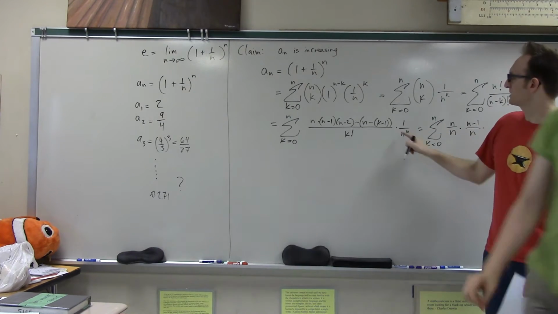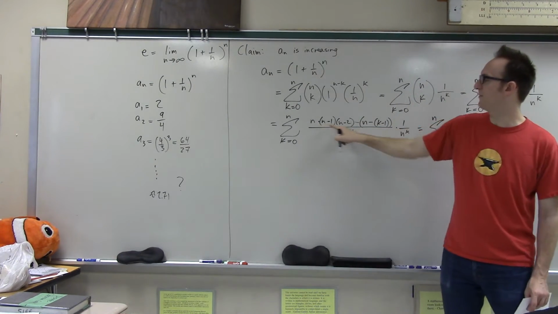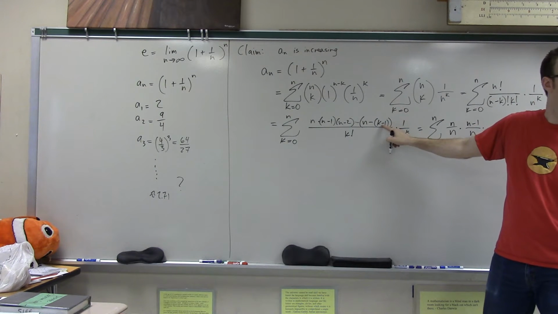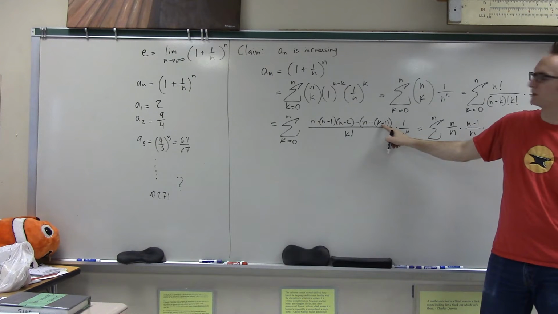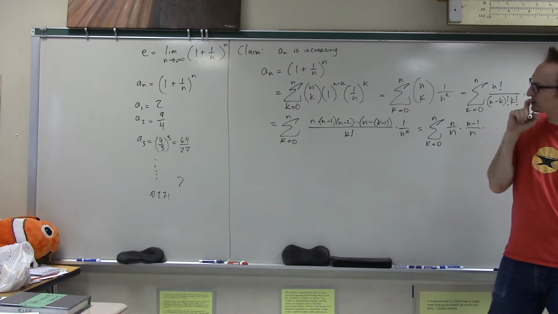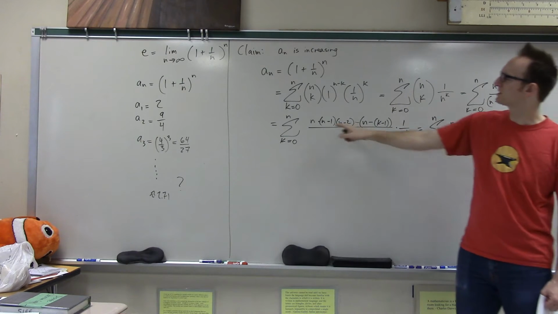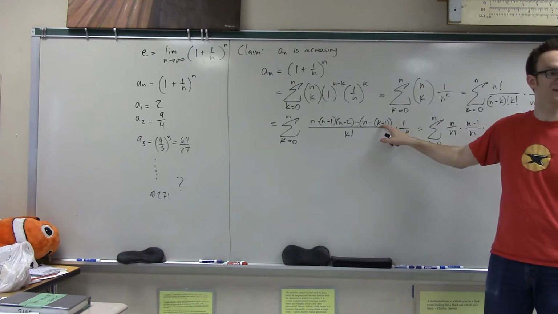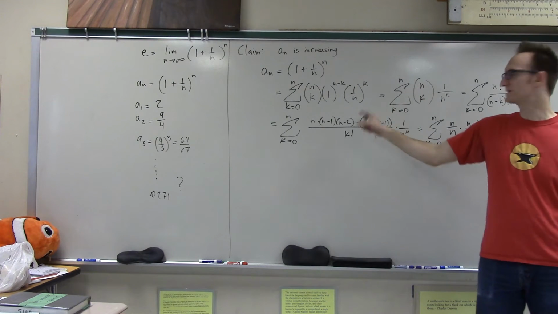It's worth mentioning, how many of these factors do we have up here? I think it's precisely k of them, right? Because it's n minus 0, then n minus 1, then n minus 2, and we go all the way up to n minus k minus 1. So that's k of these.